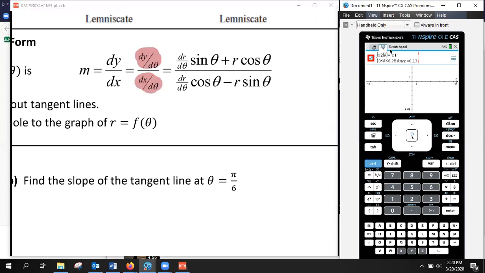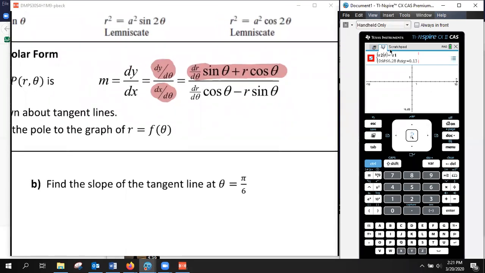We're now going to refer to them as dy d theta and dx d theta. And for the person who asked, yes, I'm going to be more concerned about analyzing what's going on, and that's where the calculus side is going to kick in. So dy d theta, we have as dr d theta sine theta plus r cosine of theta.